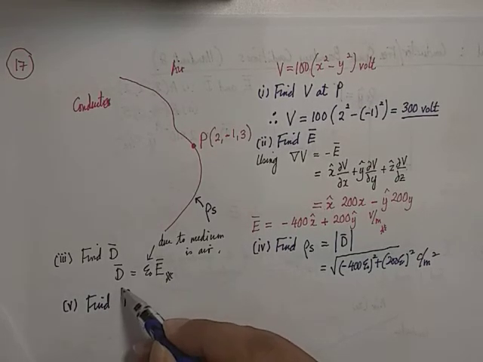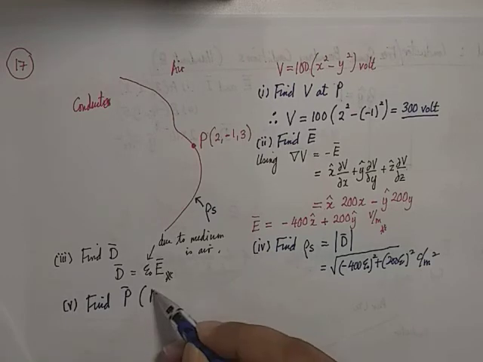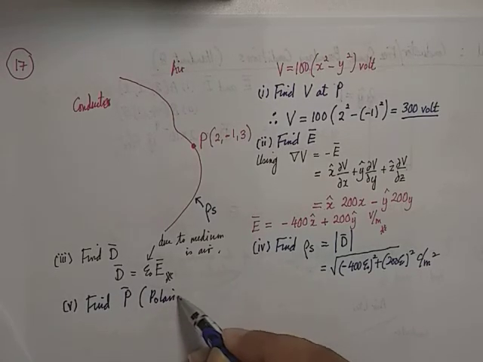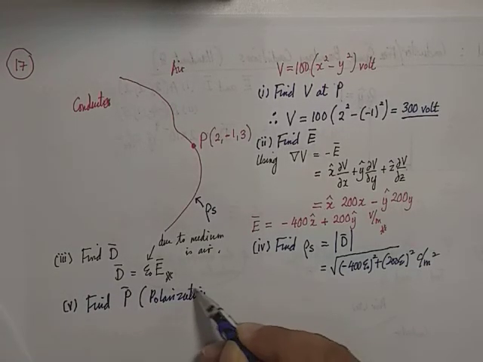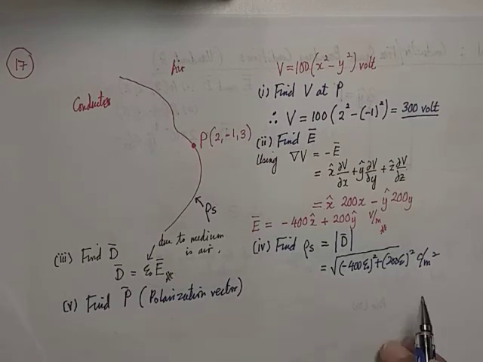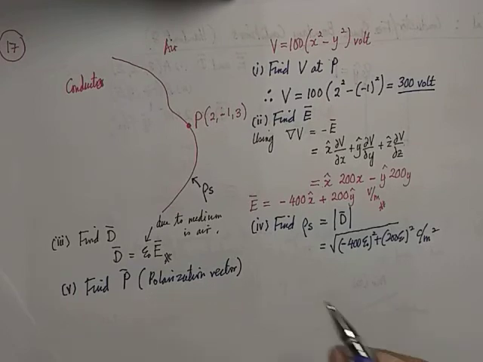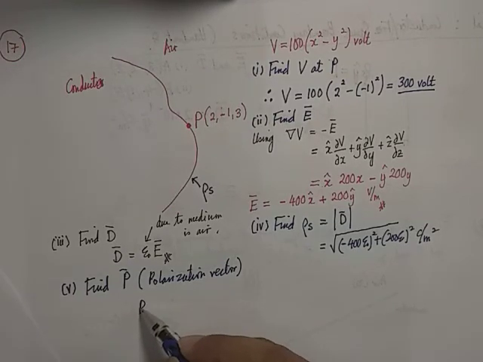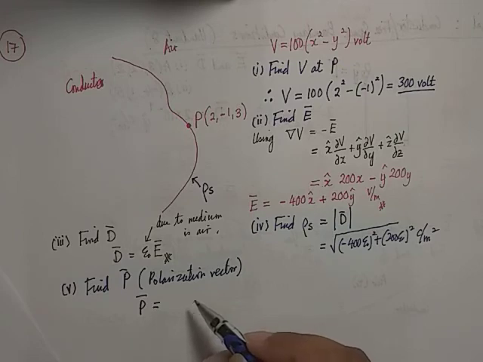Number 5, find P. Remember, P represents what? I'm going to write here: polarization vector. So how do we determine the P from our previous discussions? The P actually equals, you can use two equations.